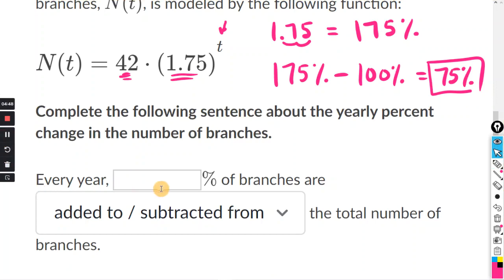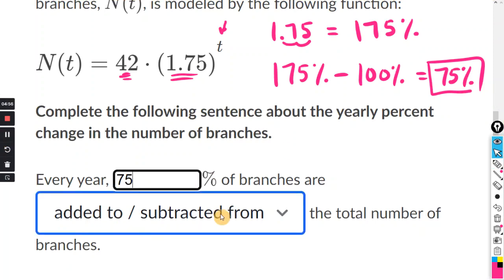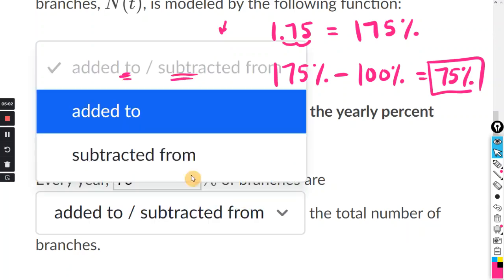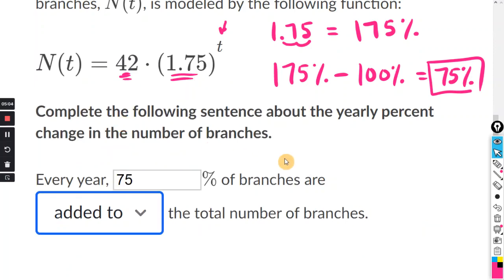So it says every year, 75% of branches, and we have to select added to or subtracted from. Well, since this number is greater than 1, it's going to be added to. So that's it right there.